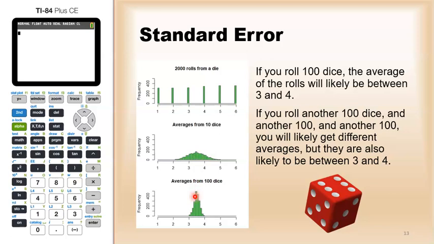If you roll 100 dice and find the average, and another 100 and find the average, and do it over again, you're almost certain to have an average between 3 and 4. So there's very little variation by the time you do samples of 100 dice. We'd expect the average to be pretty much around 3.5.